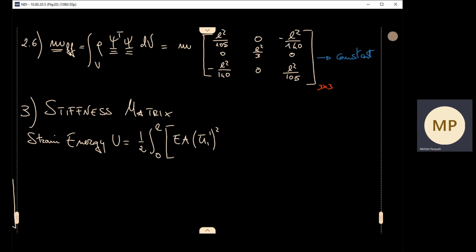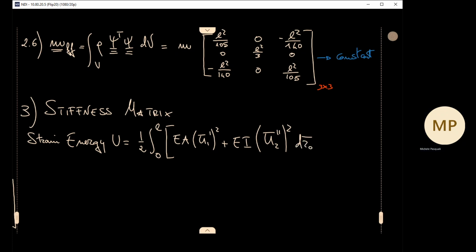And then we have the flexural counterpart, which is flexural rigidity, EI, times U2 derived 2 times, always squared, integrated over the length of our axis, of our rod.